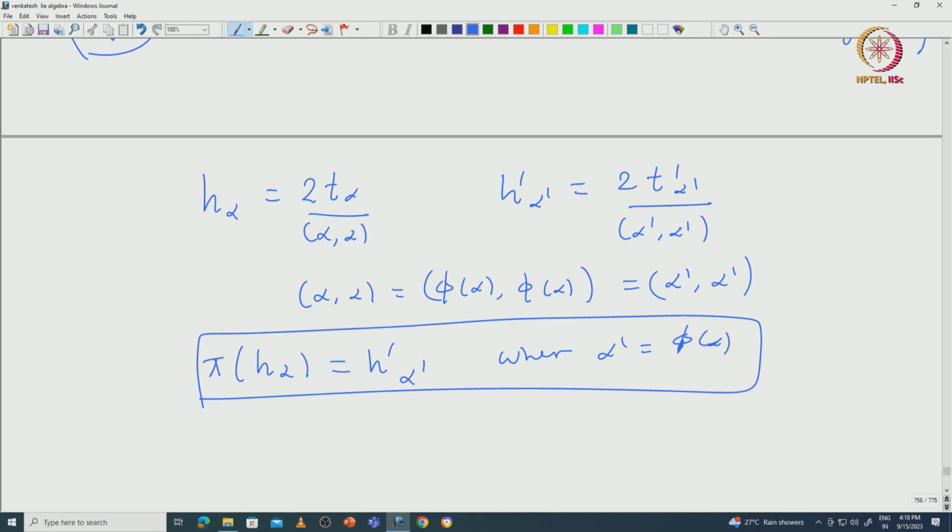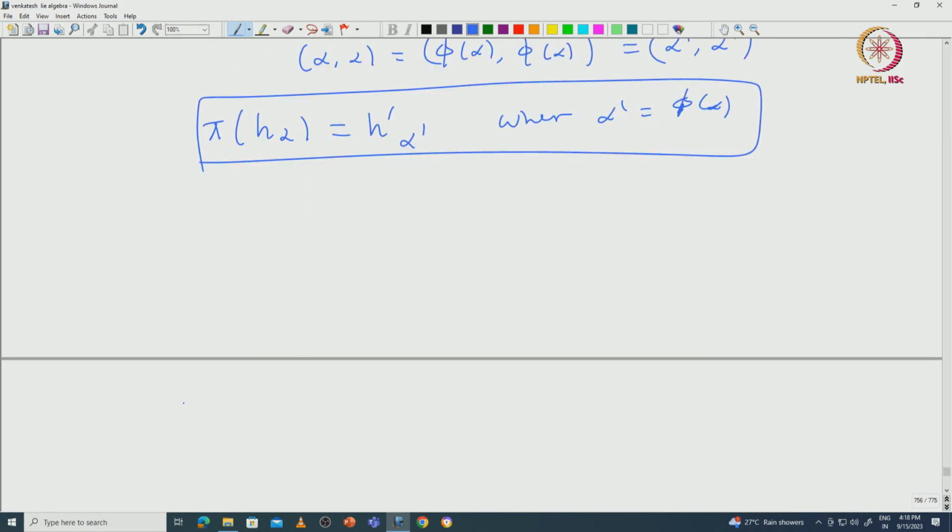Now what we do, given this pi and this capital pi base, this base is already given. Then we choose alpha in capital pi and alpha dash inside capital pi dash, where alpha dash is nothing but pi of alpha. So, you have this root space g alpha. You take x inside this g alpha, call it x alpha.